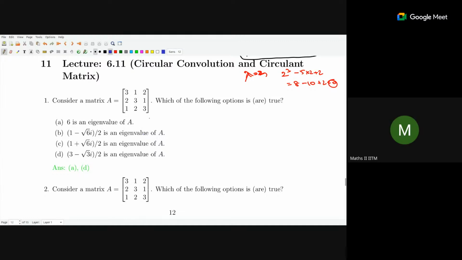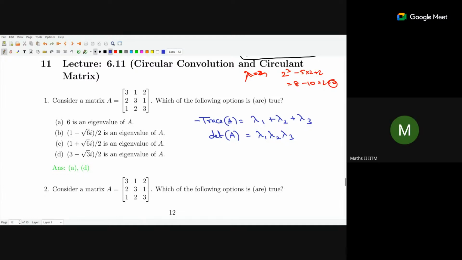Once 6 is an eigenvalue, the trace of A should equal the sum of the eigenvalues. Let's say lambda 1, lambda 2, lambda 3 are the three eigenvalues. Then det A should be the product of the eigenvalues.